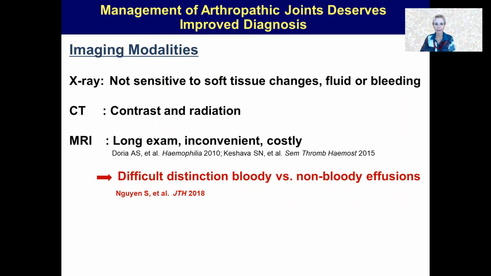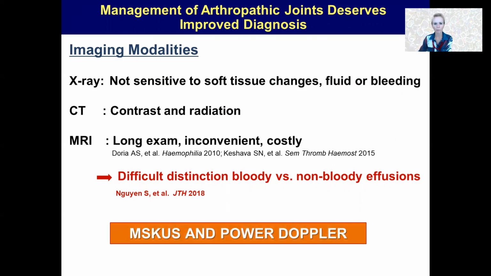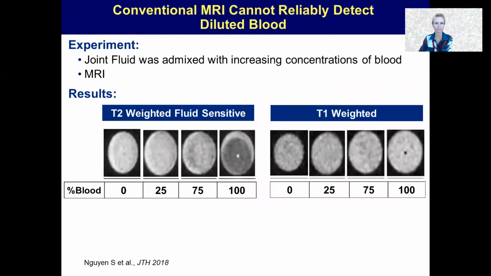And then we have the MRI, which is a long exam. It's inconvenient and it's costly. And in addition, as we'll see in a moment, with MRI, it's rather difficult to distinguish bloody versus non-bloody effusions. And so this is where MUSCUS and power Doppler come in very handy.